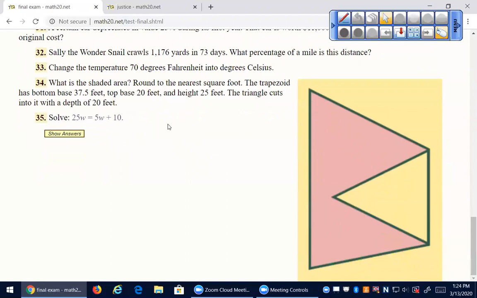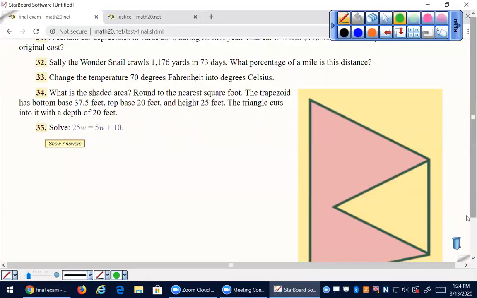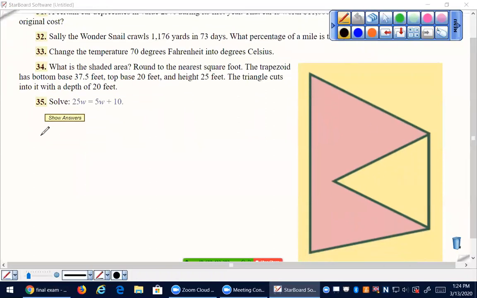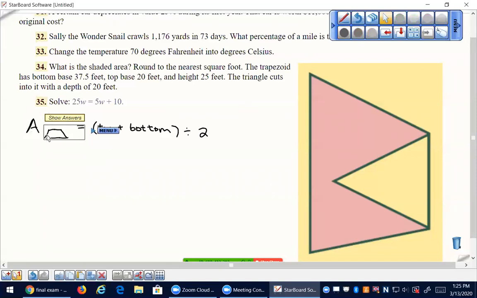So the area of my trapezoid is going to be my top plus bottom divided by 2, and then times my height. The average of top and bottom times the height.